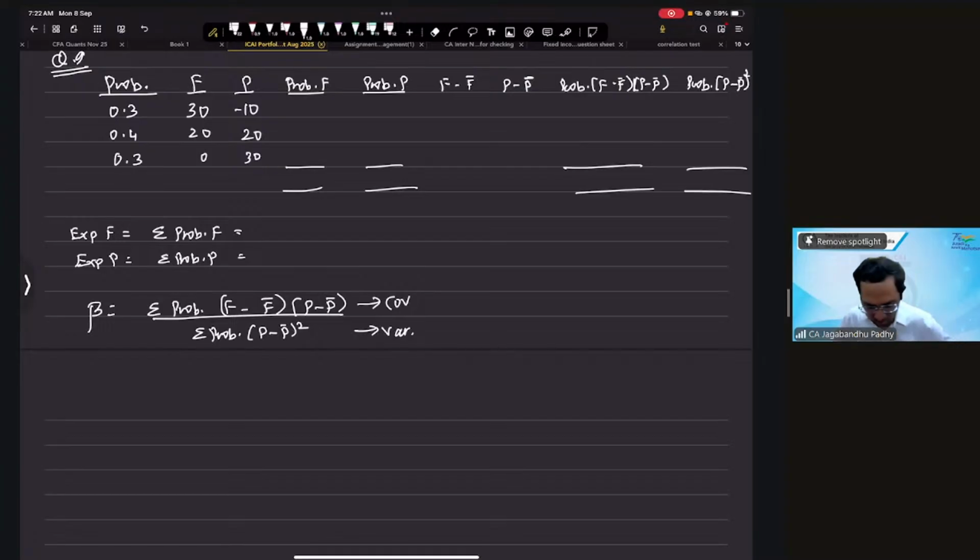We need these totals to get the value of beta. Once you get F bar and P bar, we calculate the beta. Can we complete the calculations quickly? Yes, quickly, guys.